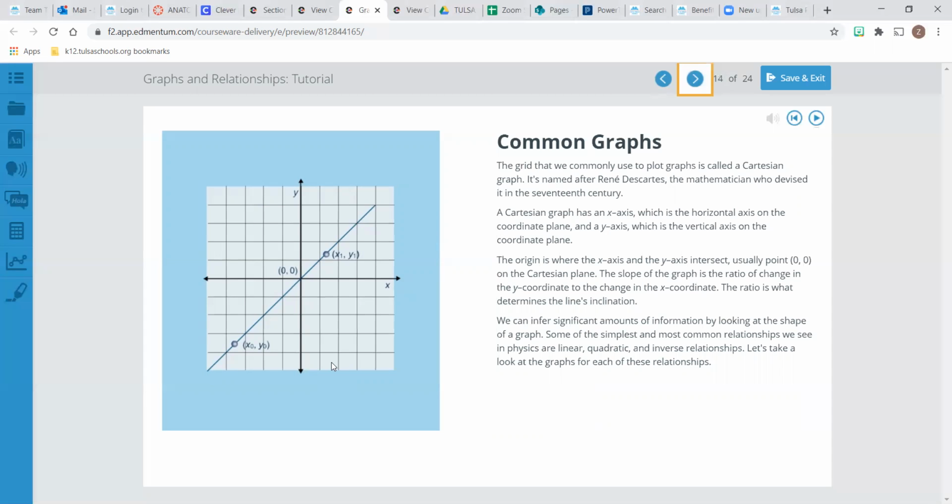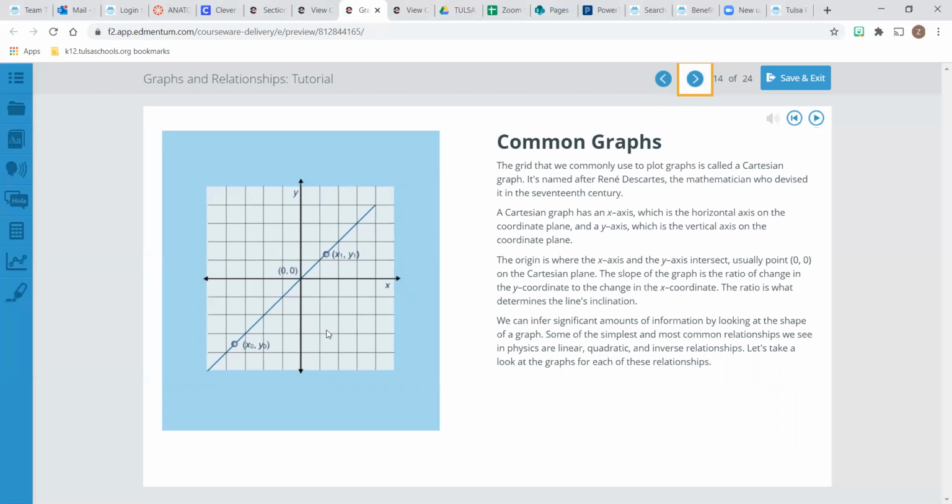The slope of the graph is the ratio of change in the y coordinates over the change in x coordinates. And if we know the slope and we're given a certain point, you can find your way along the line, if the relationship is linear like that.